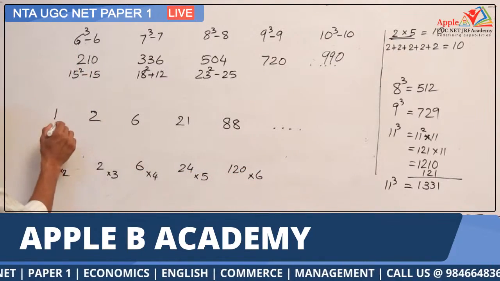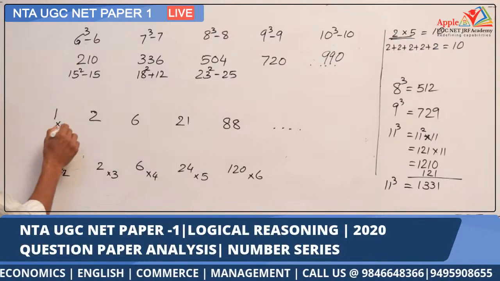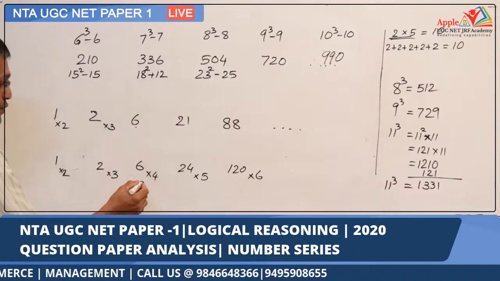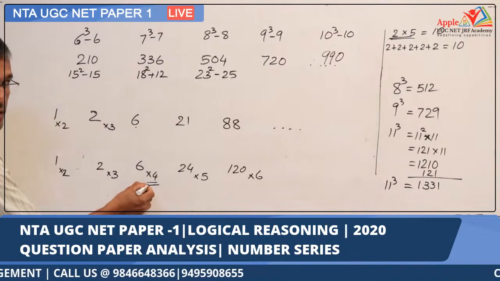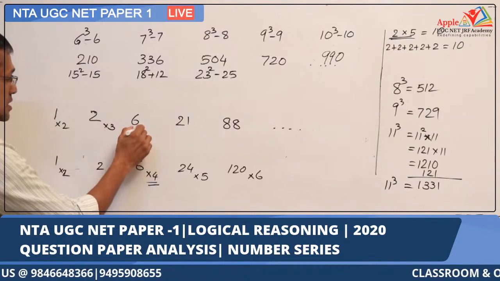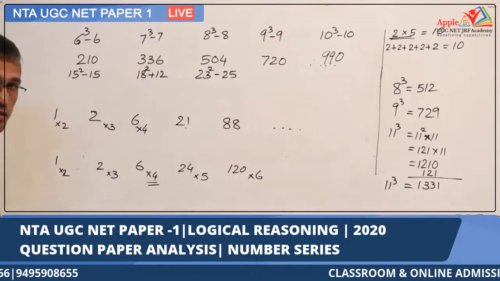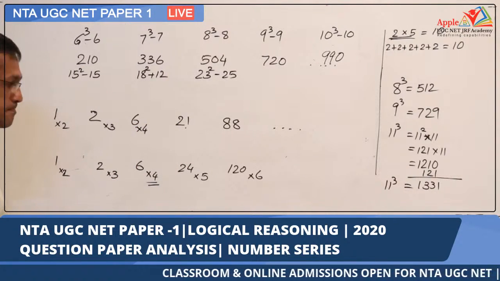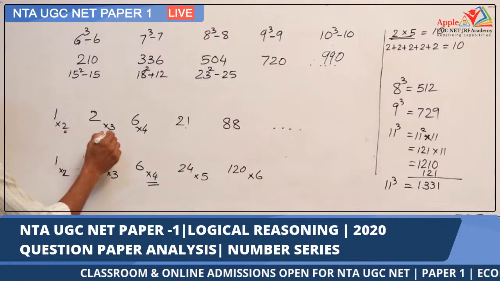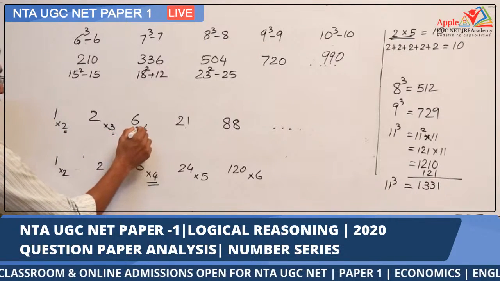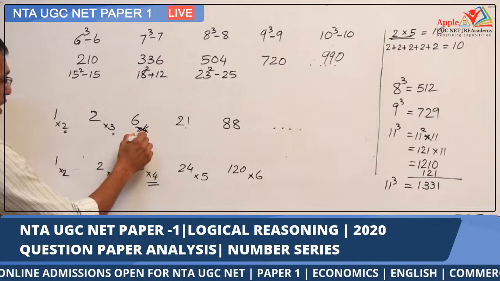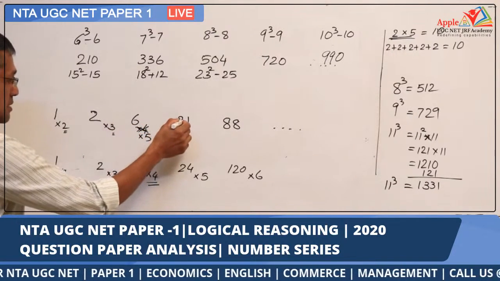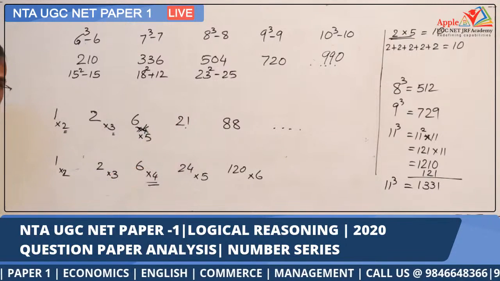In this case, 1 into 2 is 2, 2 into 3 is 6. Next one, the previous case was 6 into 4, 24, but in this case it is not 21. Or if you think about 2 and 3 being prime numbers, then this one must be 6 into 5, since the next prime number is 5. But 6 into 5 is 30, and what we have been given is 21.